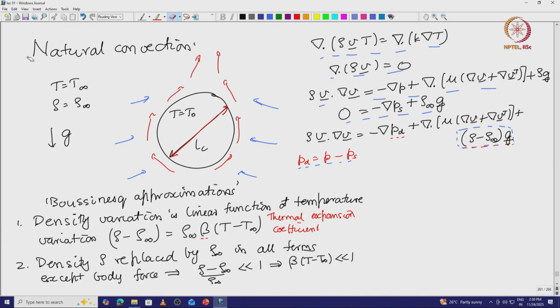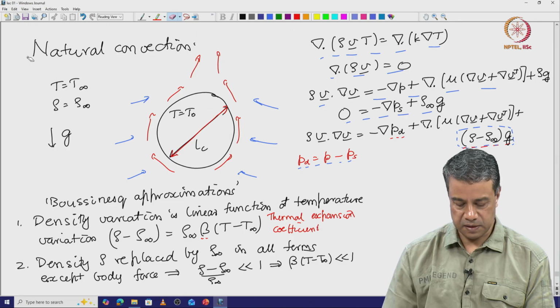We looked at this using a series of approximations, the Boussinesq approximations. The density variation is linearly proportional to the temperature variation, where the thermal expansion coefficient beta is the proportionality constant.